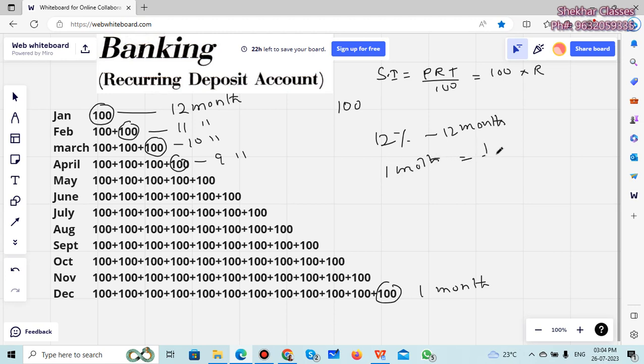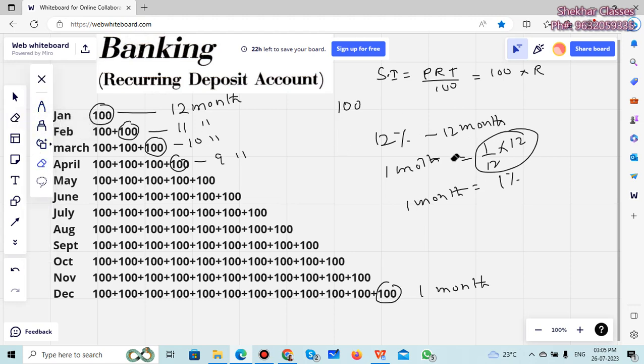That will be 1/12 of 12%. You divide by 12. So for 1 month, what is the interest rate? 1%. The interest rate is always mentioned annually, so we have to convert that into monthly. How do we do that? By dividing it by 12, right? The number of months in 1 year.